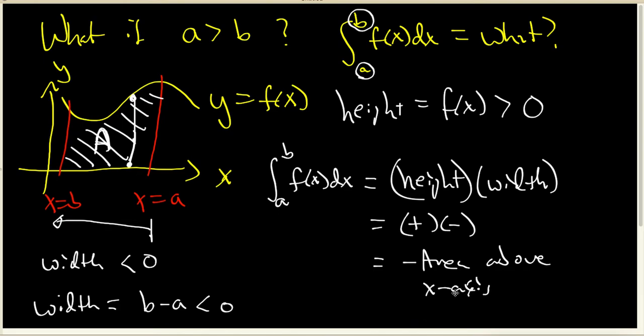And I'm getting minus the area trapped above the x-axis because I'm integrating in the wrong direction. I'm going from x is equal to a over here to x is equal to b over there.